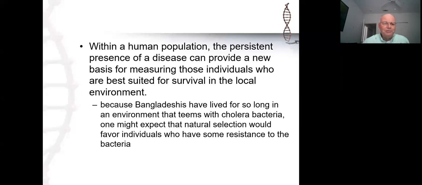But if mutations appear in humans that provide an advantage, that is, provide a resistance to the effect of the bacterium, then that mutation is going to become a larger part of the population's genetic makeup, as long as time continues to be available for that to be passed on from one generation to the next.